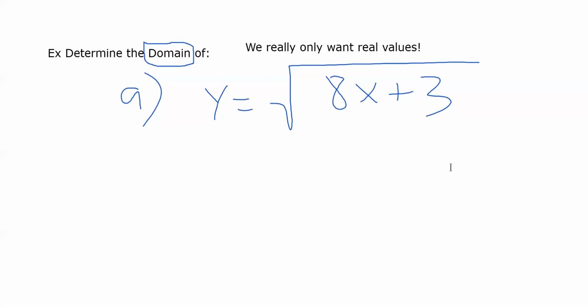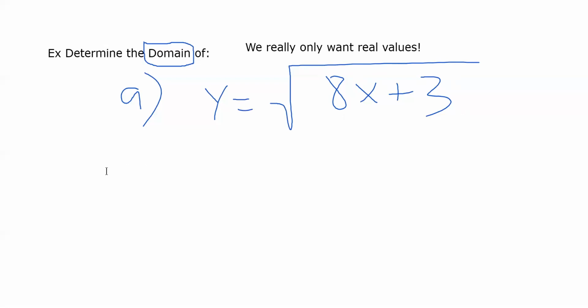So put another way, we only want real numbers. Normally, there's no restrictions on here if I could use complex numbers, because even if the inside of a square root went negative, that's okay. We take the square root of a negative number and we get i out of that. But because we've brought i into the mix, it's no longer a real number. So in this case, we are restricting it.